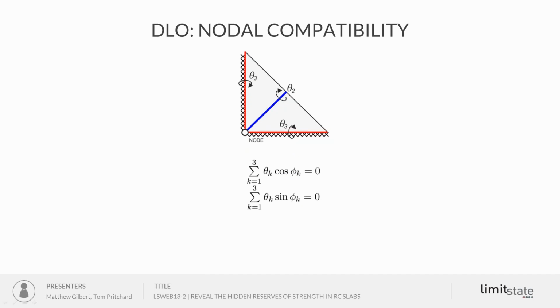If we have a look at a particular node in a problem, so here we've got a node in the bottom corner, the nodal compatibility constraint requires that if we track round the node and resolve the rotations in the x direction first and then the y direction, then the sum of those rotations must equal 0. This is taken from an article in the October 15 issue of the Structural Engineer, which provides a more accessible description of how the DLO process works than the original 2014 paper.